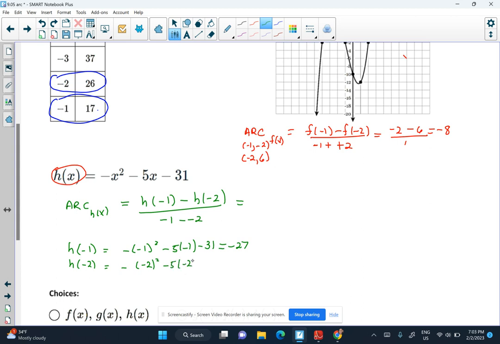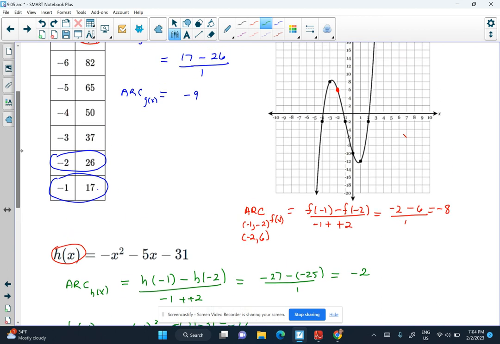It's a little faster. And when we enter that in the calculator, you should get negative 25. So we're going to carefully substitute in. So negative 27 minus a negative 25 over negative 1 plus 2 is positive 1. And that turns out to be negative 2.